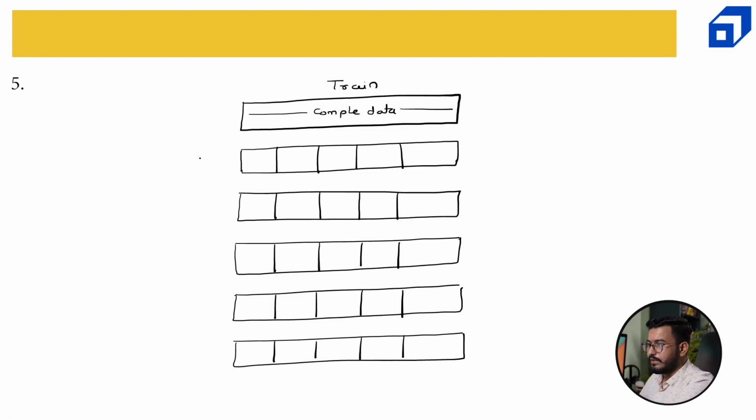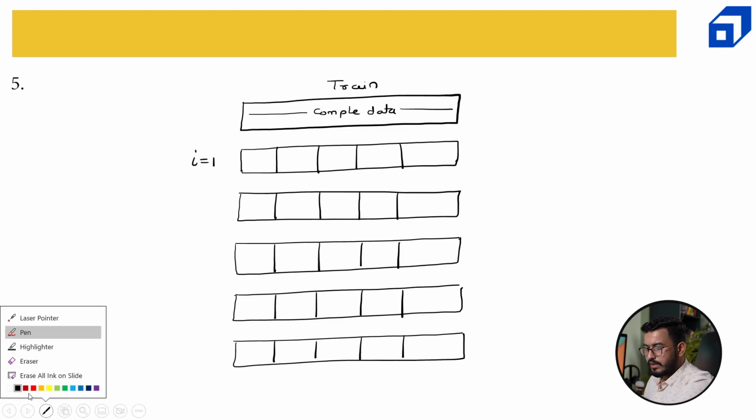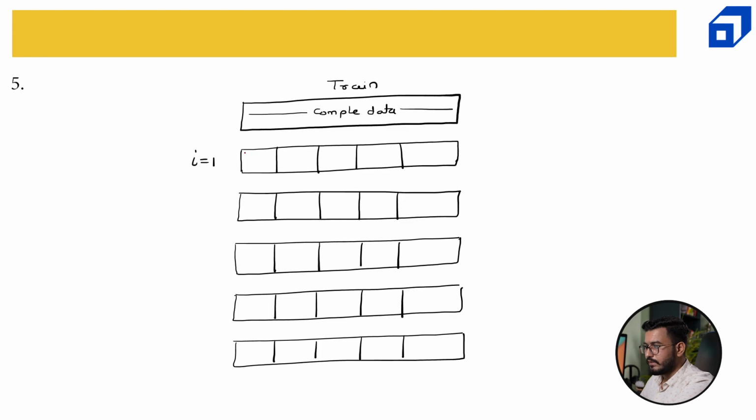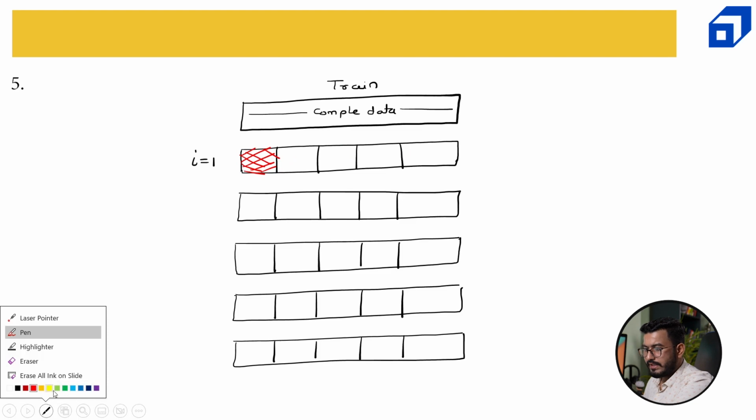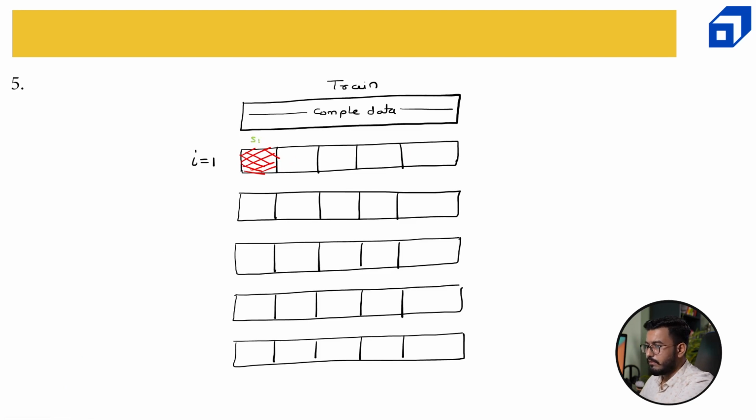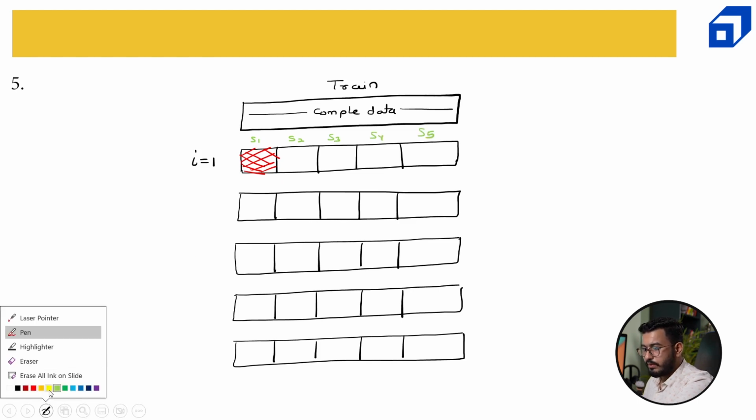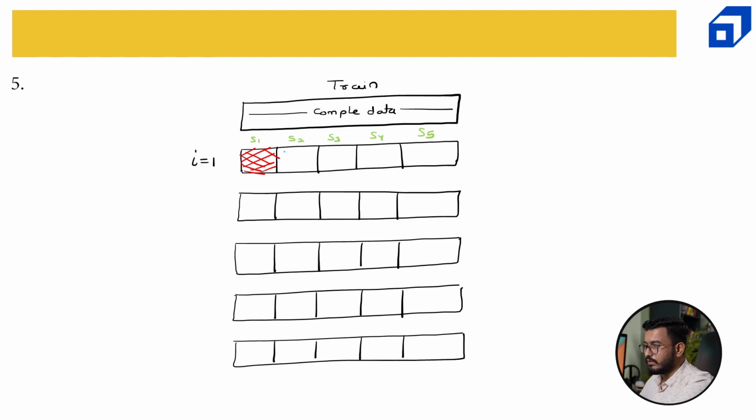Now assume that in the first iteration I will consider this, the red one, as test, and the rest of the samples as train. Let me highlight everything. This is my sample 1, sample 2, sample 3, sample 4, sample 5. So I am going to use sample 1 as test, while samples 2, 3, 4, 5 as train.